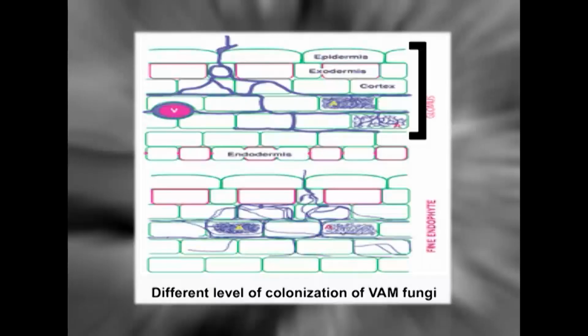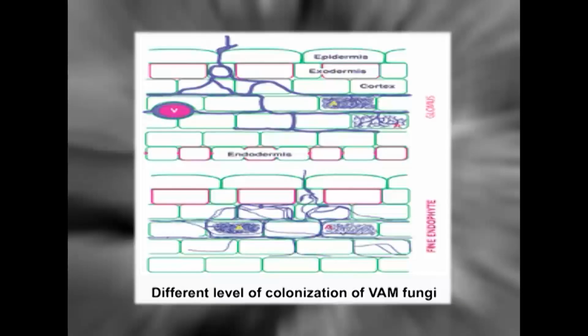Got it? Now coming to the different levels of colonization in the VAM fungi. The VAM fungi actually have two specific layers, the outer layer and the inner layer. The outer layer normally serves as ectomycorrhiza and then they go in. And when they grow in, they sometimes can come into the inner layer of the cortex.